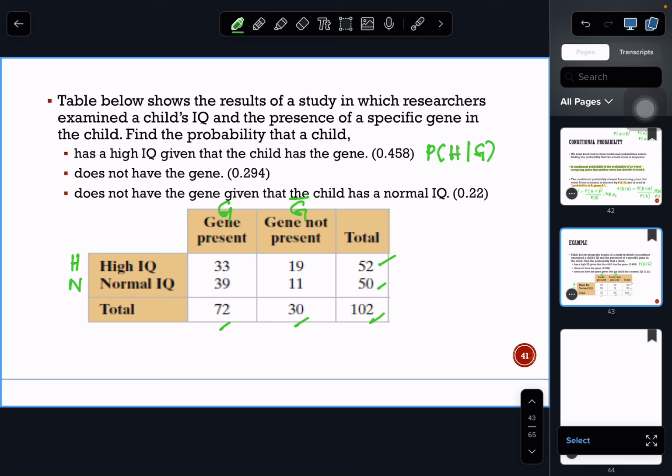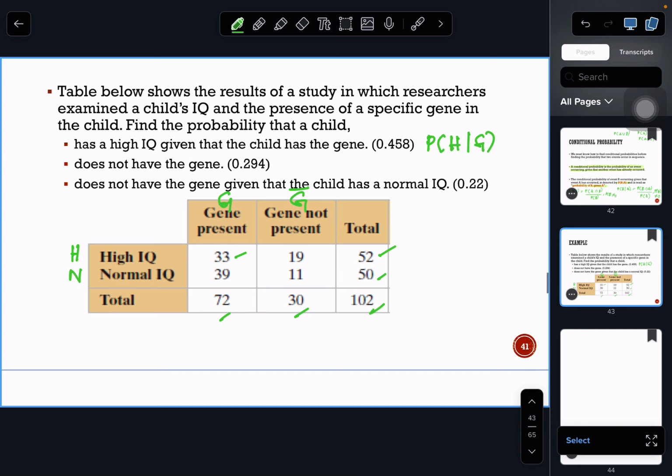Next question, what is 33? High IQ? Yes, when you say that one, I like that one. You say high IQ and gene present, right? You say N, correct? What is N? What does it mean? Intersect.